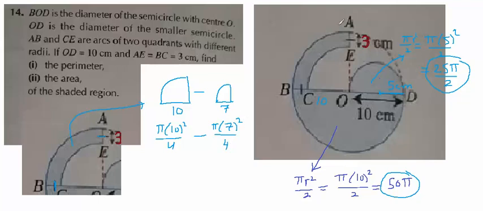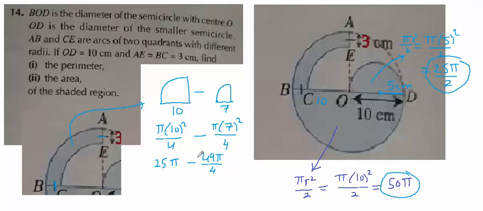So now it's just a matter of calculations. So this will be 100 divided by 4, 25 pi, and this will be 49 divided by 4, because it's not exact, so I'm writing it in the same format.